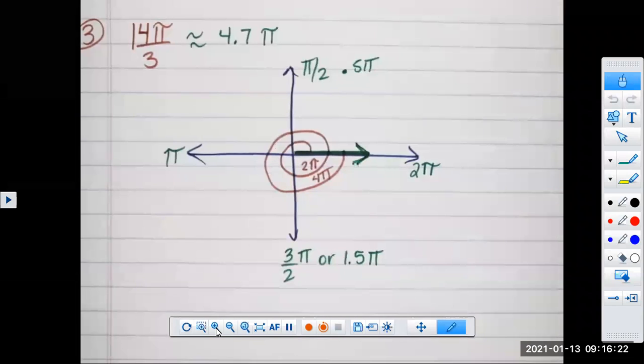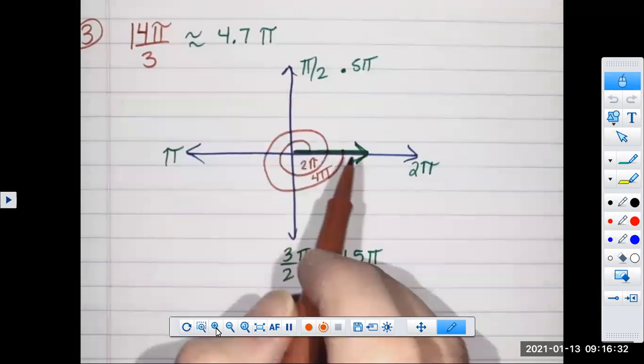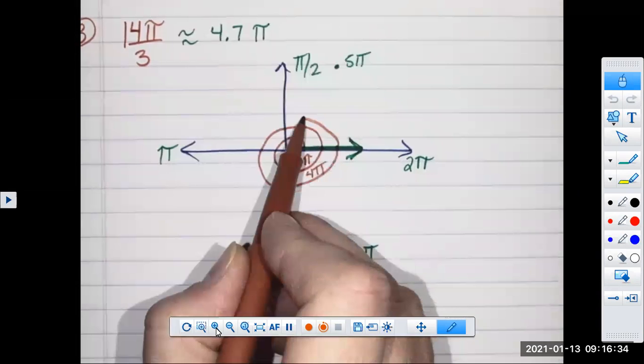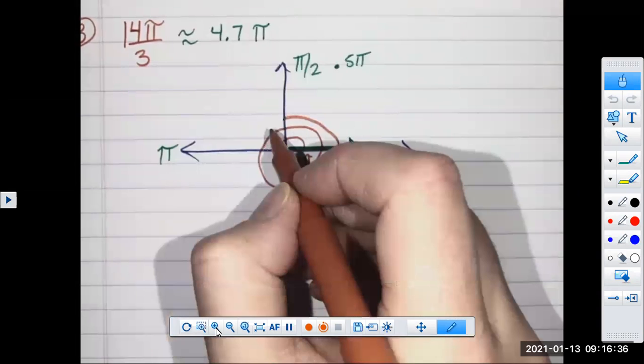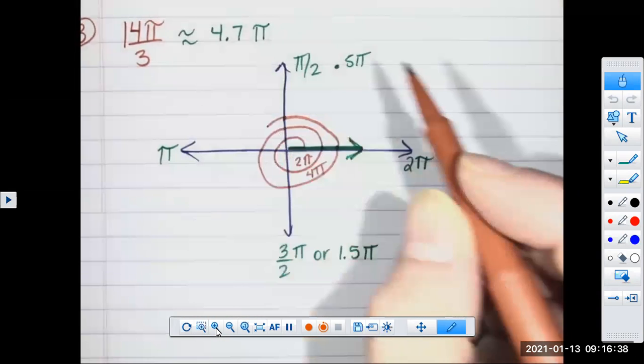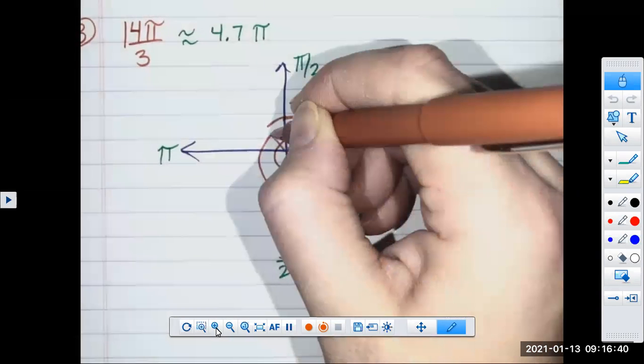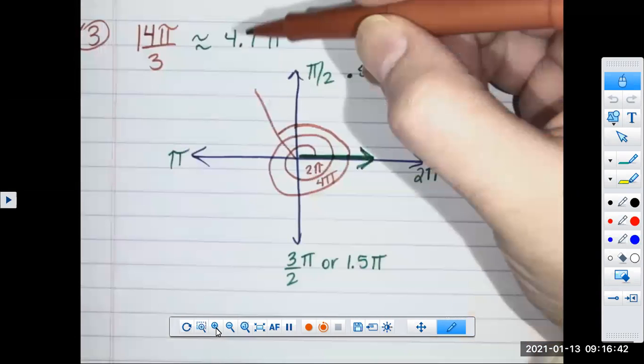Where would 0.7 pi be? What quadrant? The second one. If you rotate to here, you're just at 0.5, so you have to go 0.2 more, just slightly into quadrant 2.